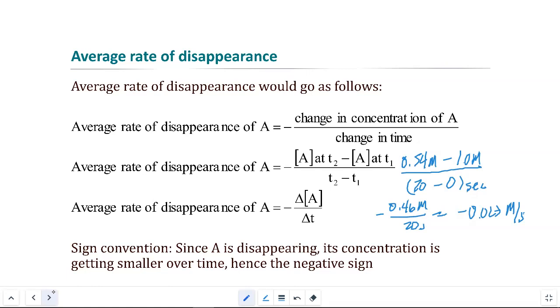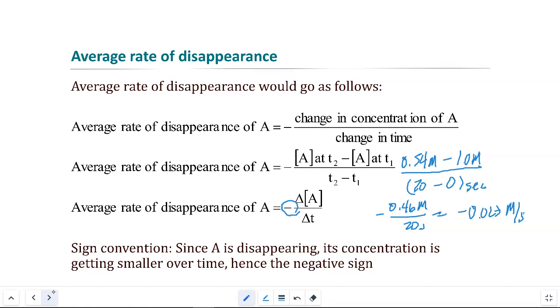Now, if I wanted to set them equal to each other, notice that there's this extra negative sign here on the disappearance. That's so that I can equate them. If I want to use the rate of disappearance to figure out the rate of appearance, I've got to flip the sign to make them equal to each other.